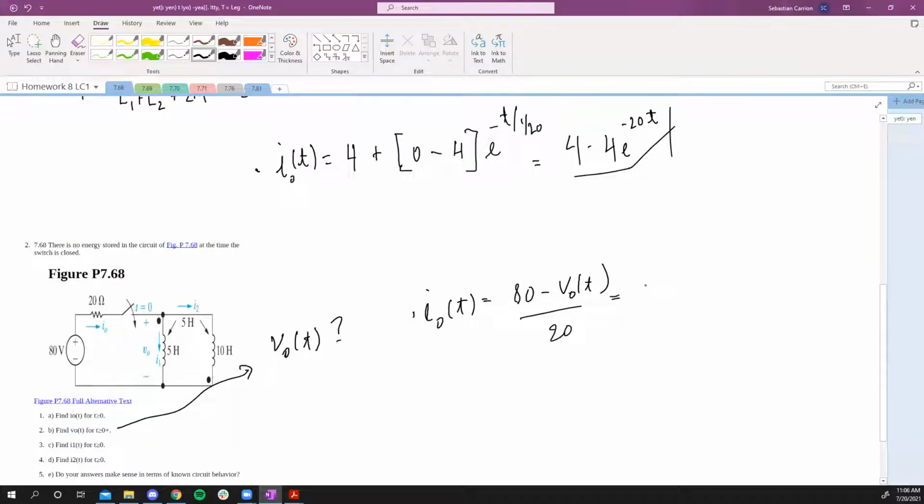Let's go ahead and simplify this. Let's not factor this. Say 20 i0(t).